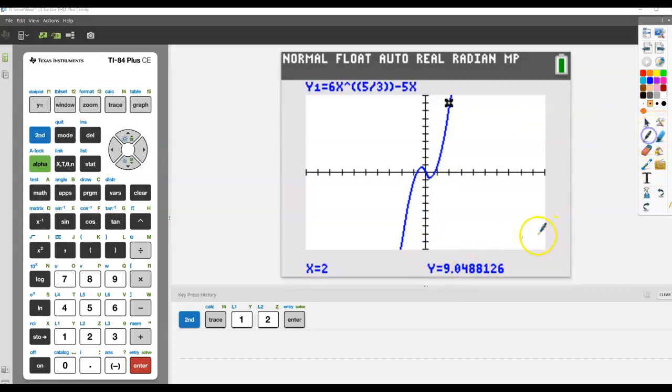Just so you know, in AP Calculus, we always round to the third number after the decimal, which is the thousandths place. So since this is an 8, I'm going to say that y is equal to 9.04, and I'm rounding that last number up to 9, since the number after it is 5 or bigger. So that's going to be the y value that I use.